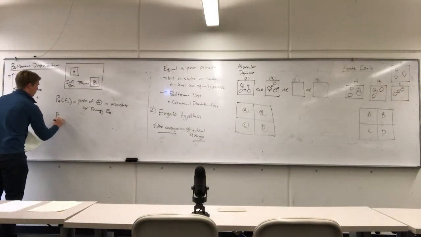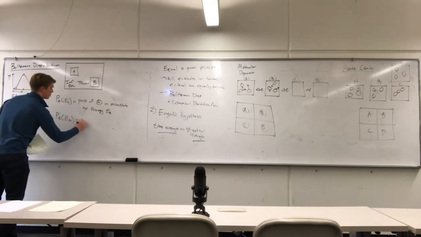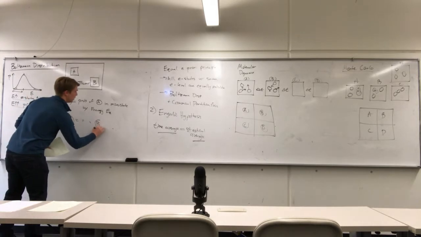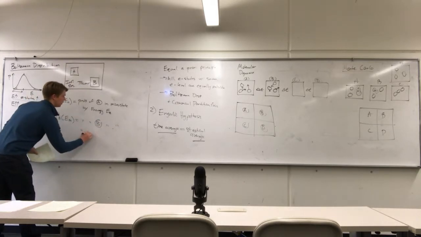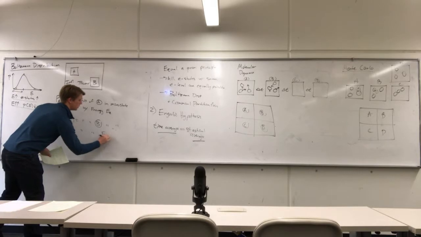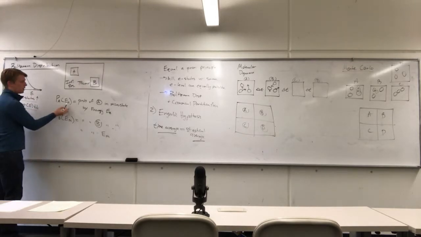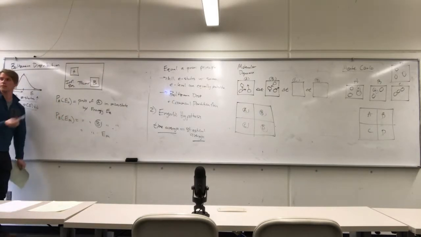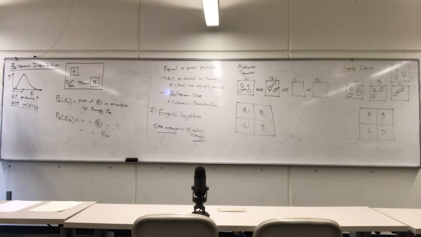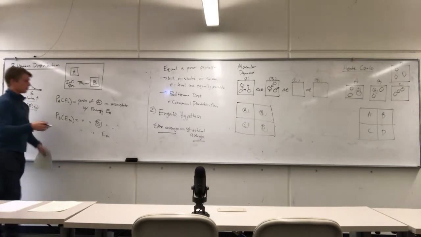Likewise, we have the probability of system B being in a state with energy Em, so this is the probability of B in a microstate with energy Em. Now, we don't have to worry necessarily if this is the energy of the energy state or the energy of the energy level, because it's the same probability. All energy states have the same probability. Okay, equal a priori principle.